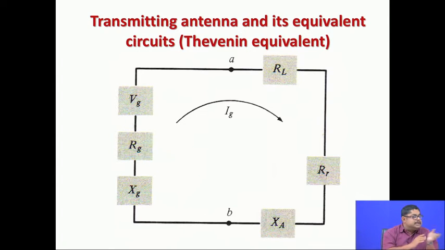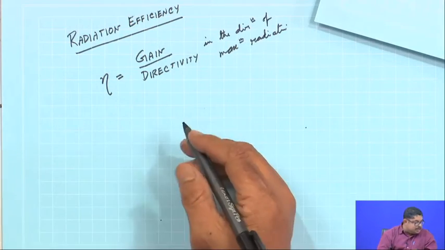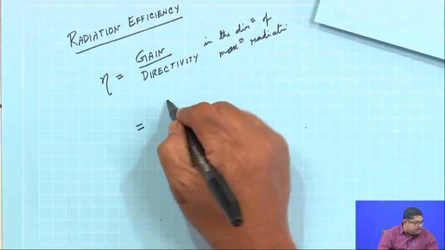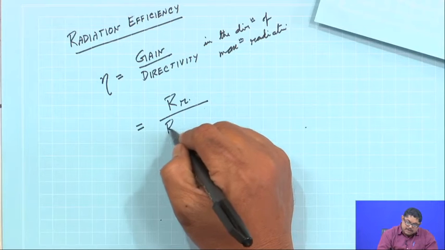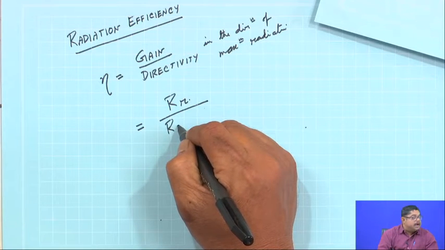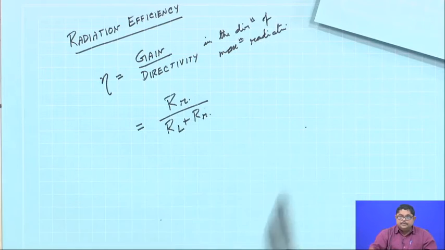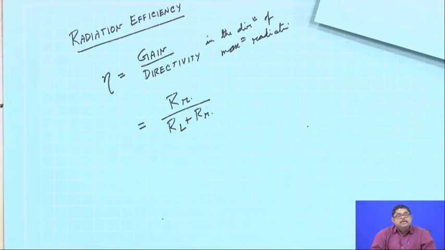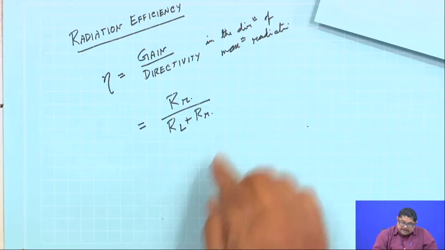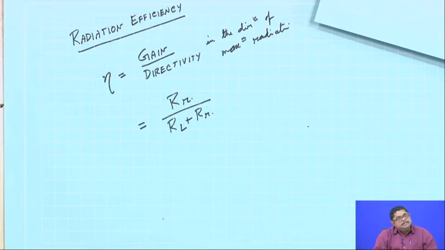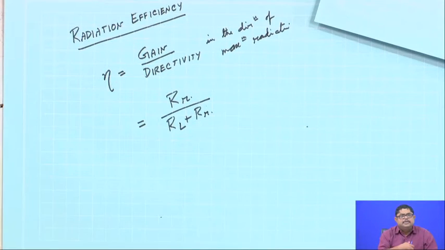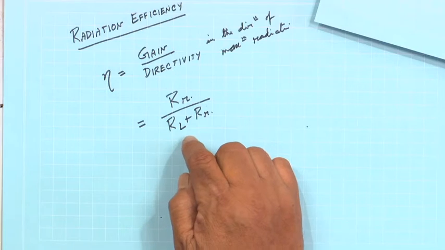In complicated cases they are not, and there you can measure them. Otherwise, if you know the radiation resistance, we have derived that radiation efficiency is R R by R L plus R R. Okay. Now, the question is, measuring this R L is not so easy a job. In many cases, particularly for dipoles etc., analytically people have found good values.